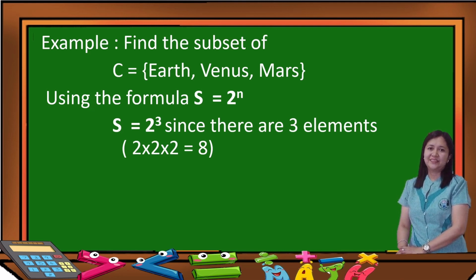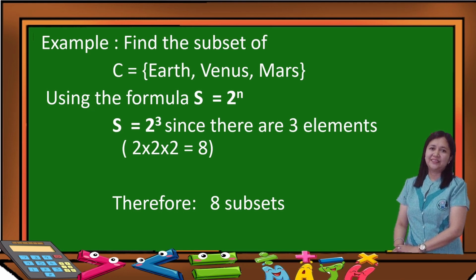So 2 times 2 times 2. What is 2 times 2? 4, times 2, 8. So do we have the correct answer? Therefore, 8 is the number of subsets. A while ago, we listed the subsets, and there are 8. So therefore, you can easily determine the number of subsets using the formula S is equal to 2 raised to n.